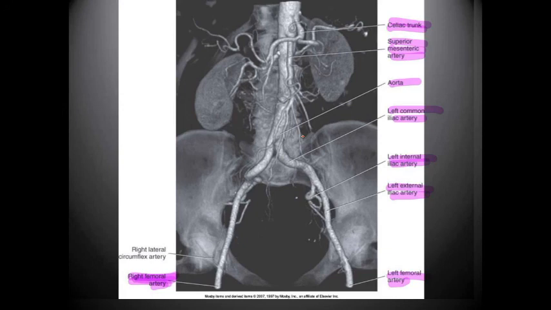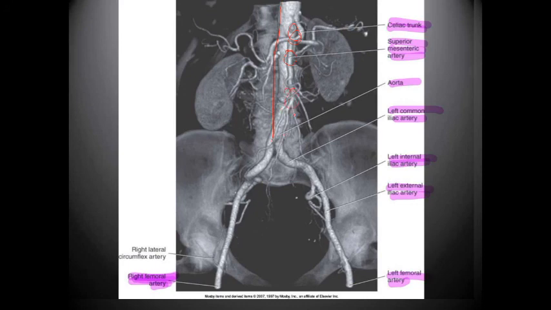So basically, I'm going to have just a little review over arteries and vessels. As we're coming down through the aorta, we have the celiac axis, which is right around here, and then we have the superior mesenteric artery, or SMA.